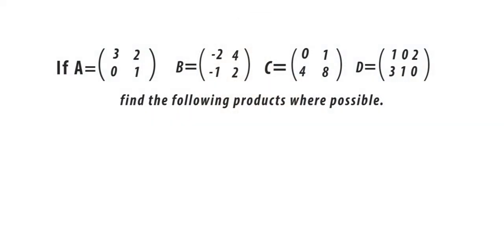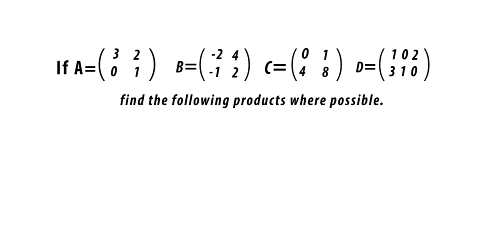Now let us take some examples. Example 1. If the matrix A is equal to 3, 2, 0, 1, matrix B is equal to negative 2, 4, negative 1, 2. Matrix C is equal to 0, 1, 4, 8.